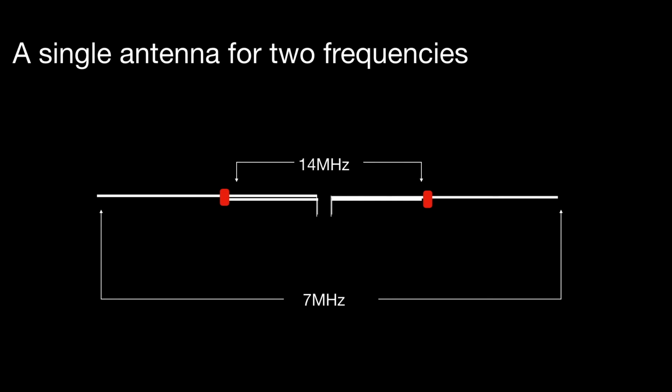And we can join them together. Now, if we put a special device, which we put in red there, which allowed the antenna at the feed point to appear like a 14 megahertz antenna when we were tuned to 14 megahertz with our transmitter or receiver, but also appear like a 7 megahertz antenna when we were tuned to 7 megahertz, that would be ideal.